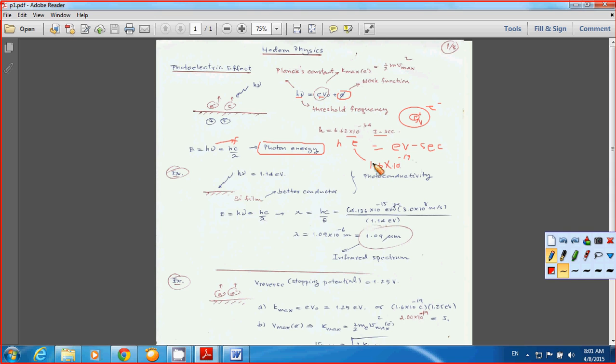And also you can find the relation between electron volt and joule. Let's say you want to change the unit of energy from electron volt to joule: you simply multiply by 1.6 times 10 to the negative 19, and you end up with the unit of energy in joule.